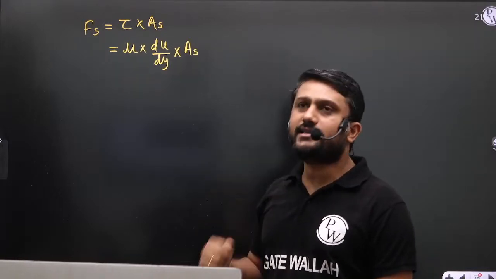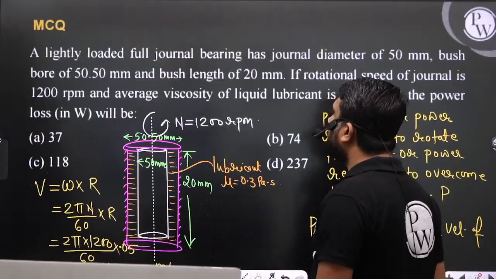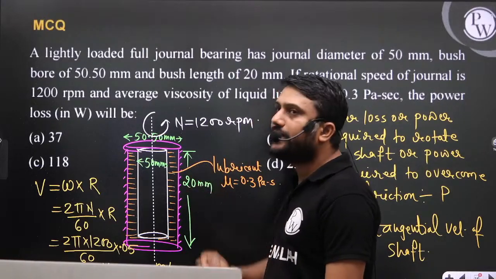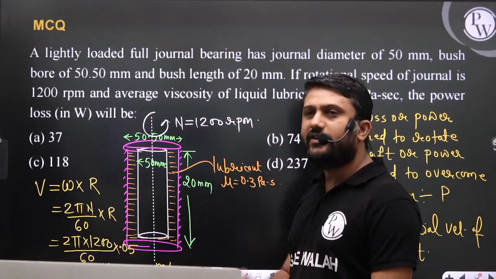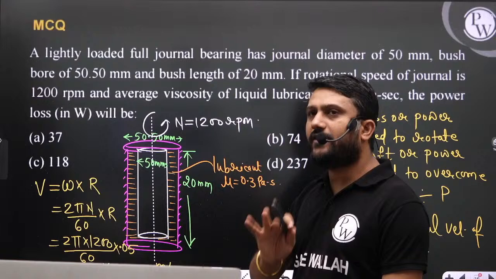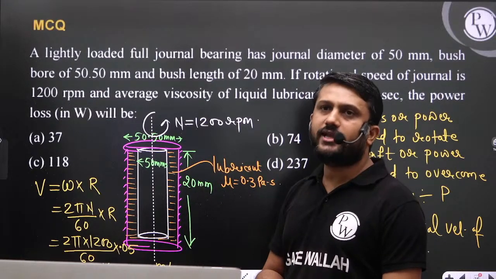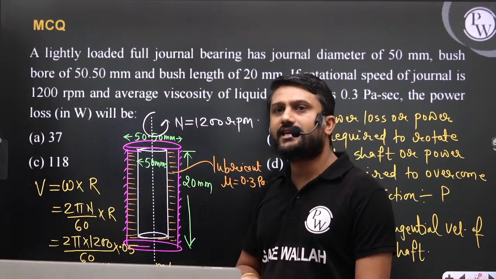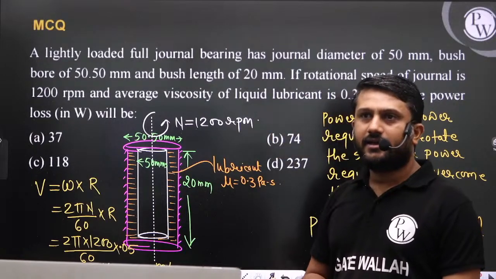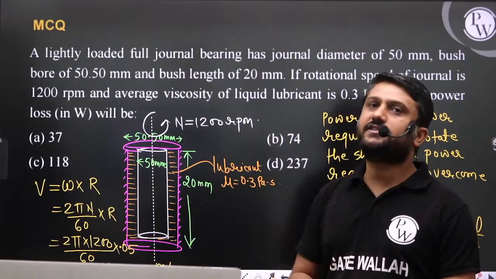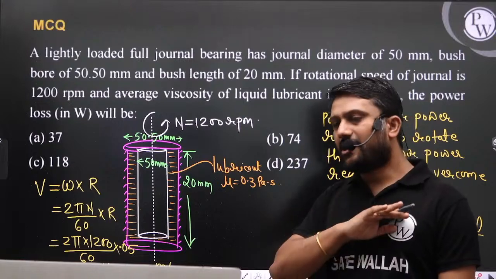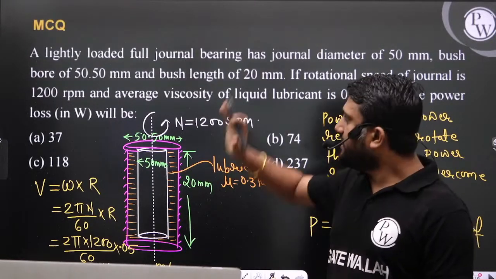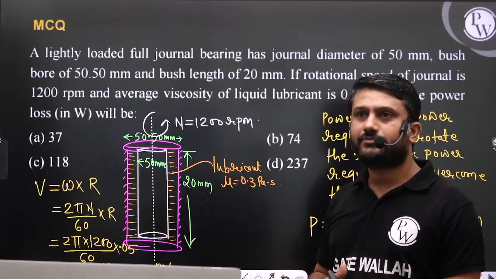And to calculate the shear stress, we must know the velocity profile in the lubricant. Without knowing the velocity profile in a lubricant, it is not possible to calculate the shear stress. If calculation of shear stress is not possible, then calculation of power loss is not possible. As simple as that.